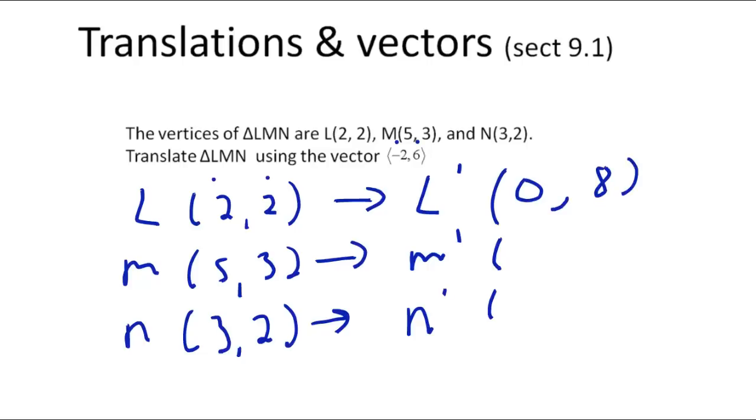Doing the same thing with my M coordinates. 5 minus 2 is 3. 3 plus 6 is 9. And finally, my last one, 3 minus 2 is 1, and 2 plus 6 is 8. That's using vector notation. It's just, again, a lot easier way to write it than coordinate notation.